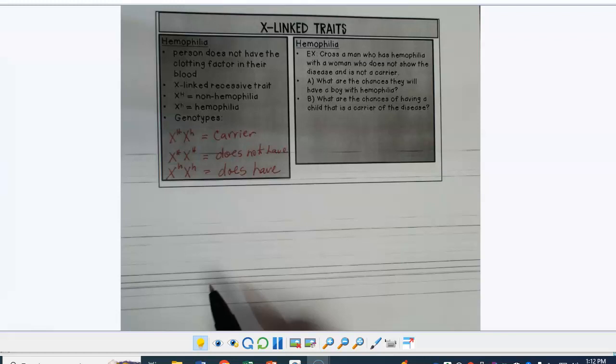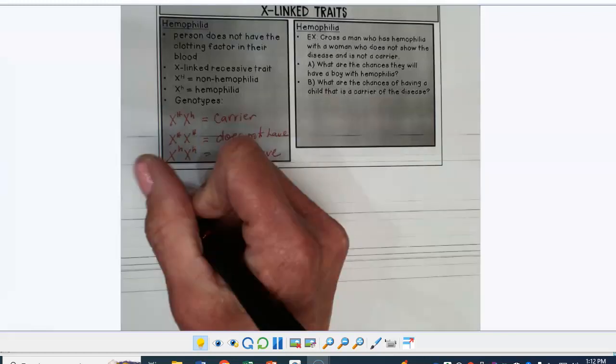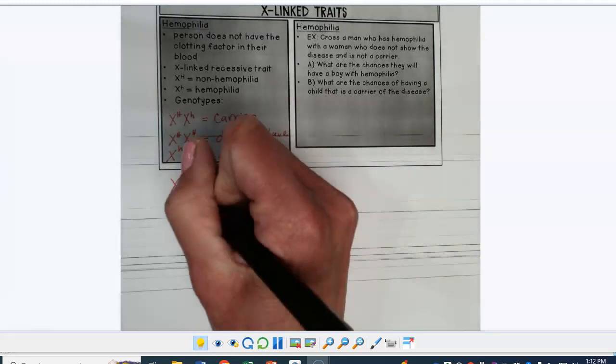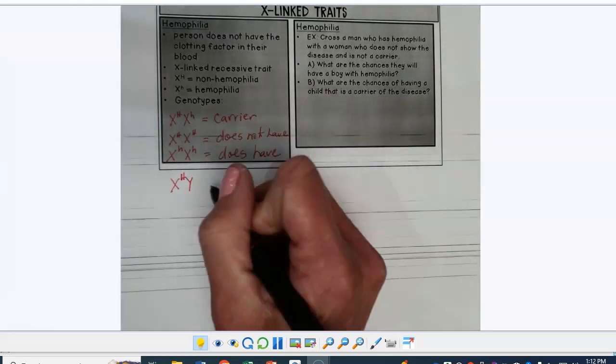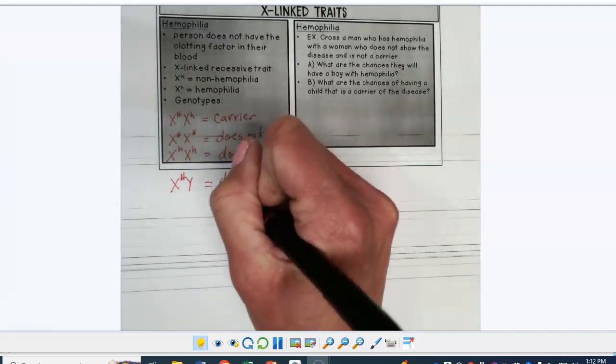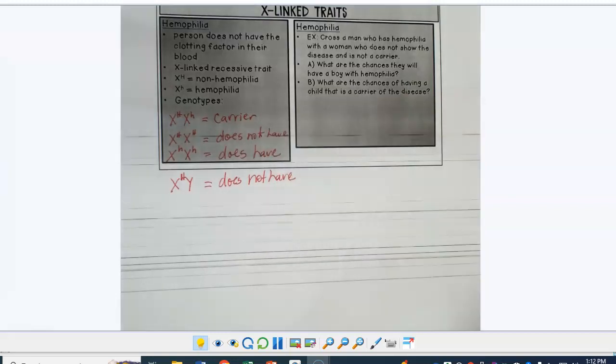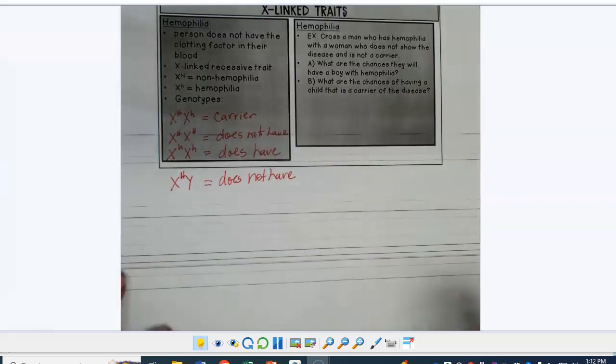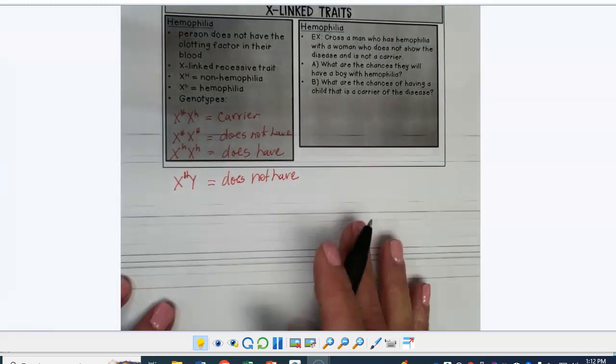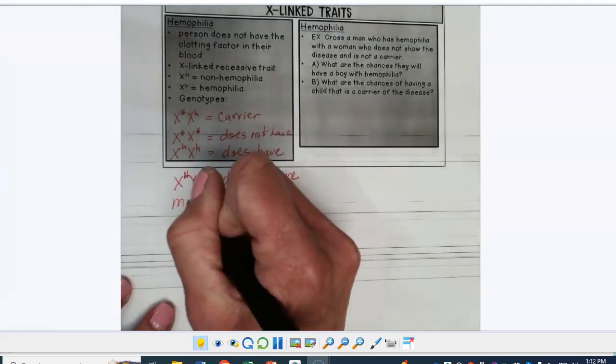Coming down here, and I'll move this up a little bit, you can have a male who has a capital H on the X chromosome, and that male does not have the disorder. Okay? Males cannot be carriers. So I'm going to write that.